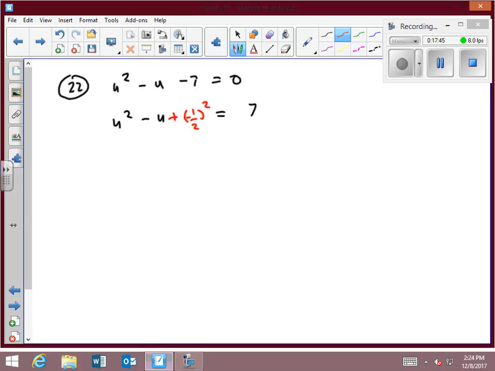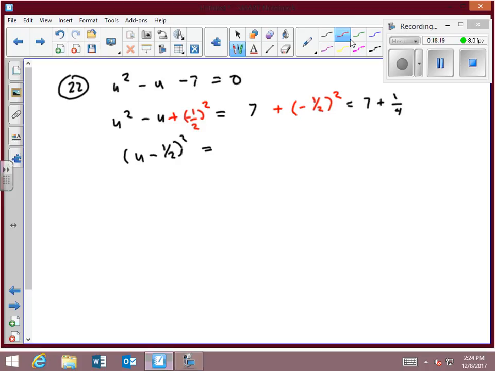Now what do we have to do on the right? Add that same thing. So now on the left-hand side, we have made this a complete square. U minus 1/2 quantity squared. Now on the right, I'm going to go over here and try to calculate what this is. This is 7 plus 1/4, right?